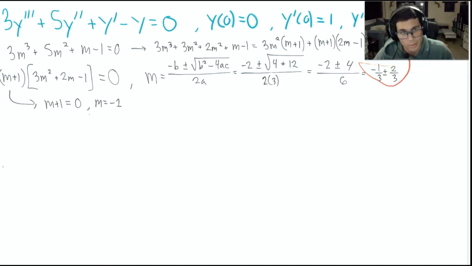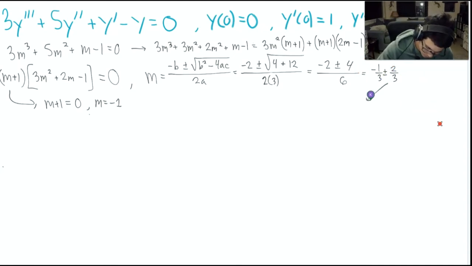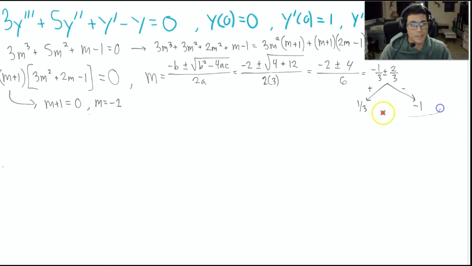This is completely real. It's just kind of ugly. But maybe it won't be so bad. If we take the positive route, and we take the negative route, depending on the plus or minus, what does this become? Well, it becomes 1/3. If we think negatively, it becomes negative 1. Okay, so this is a root, this is a root, this is a root.